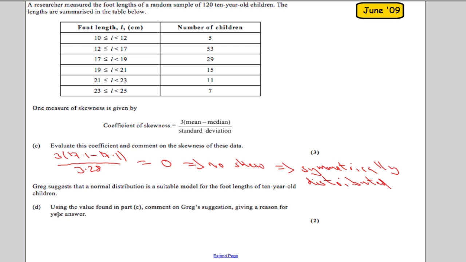children. Use the values found in part C. Comment on Greg's suggestion, giving a reason for your answer.